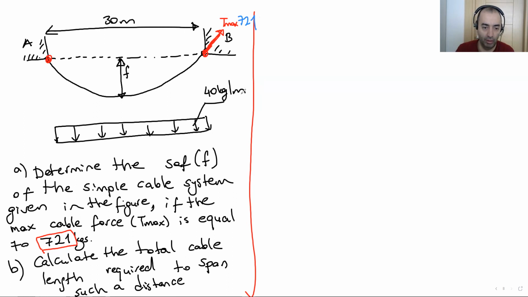Okay, we have T max, but remember, we have two components to get T max: vertical VB and horizontal HB.